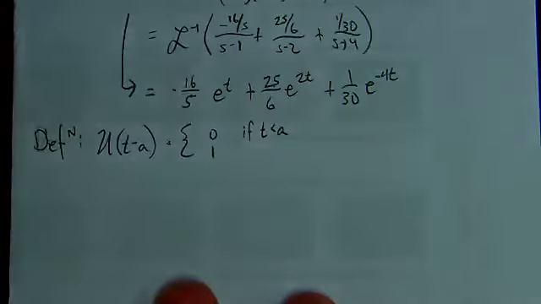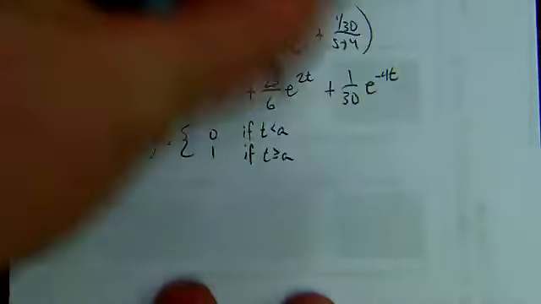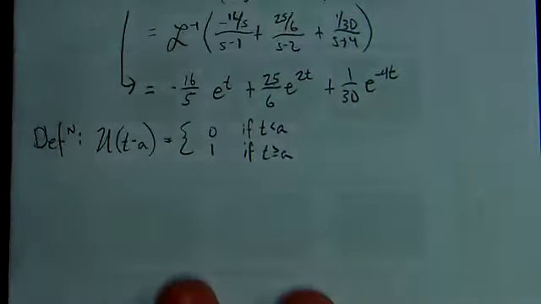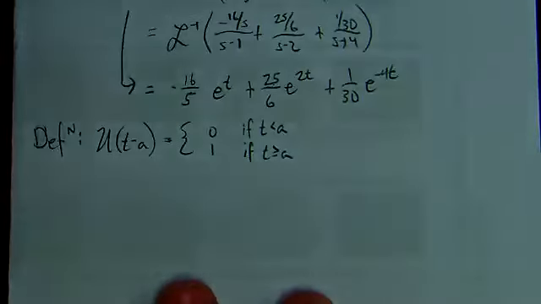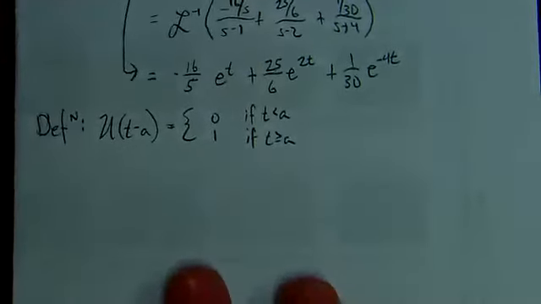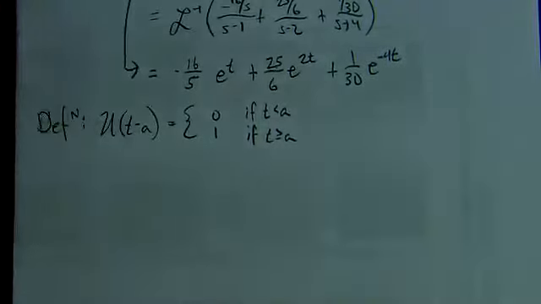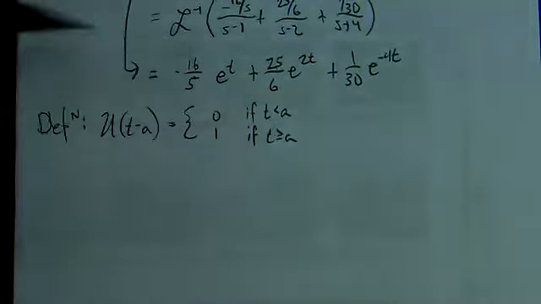It's going to be 0 to the left of some a value and 1 to the right of some a value. So henceforth, when you see cap script u of t minus a, you know that is this particular function, which begins as being off and then switches on at some a value.